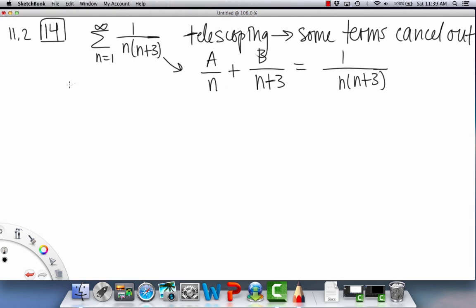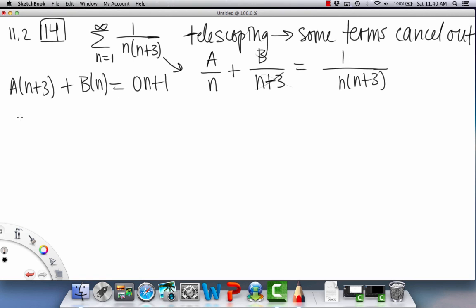So I'm going to do the numerator trick. We have A times the other denominator, we ignore the n below it, plus, now looking at B, we ignore this part and just consider the n here, equals the numerator of the other, which would just be 1, or 0n plus 1.